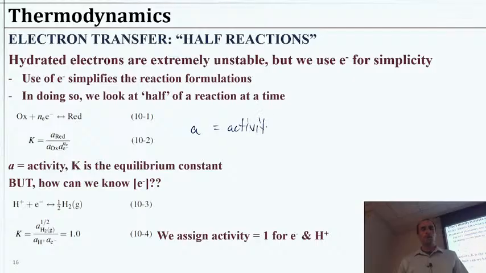If in a dilute solution, this would be just simply that. So the activity of something would be the molar concentration of it. Now, in truth, we'd have some correction, some gamma correction value for that.